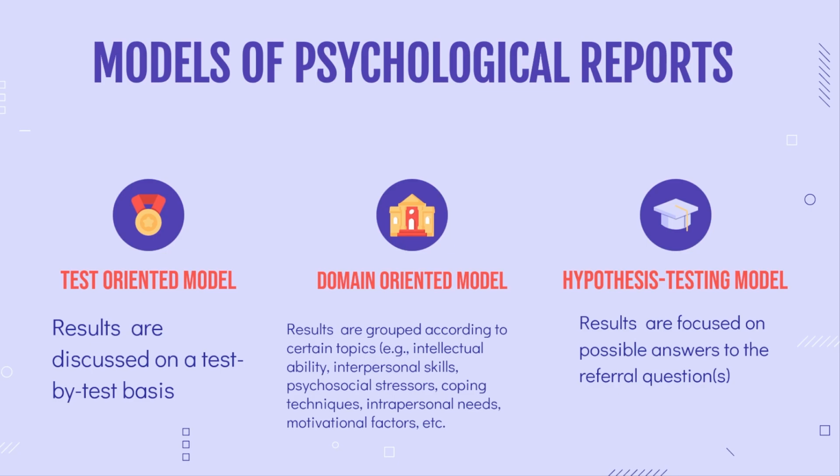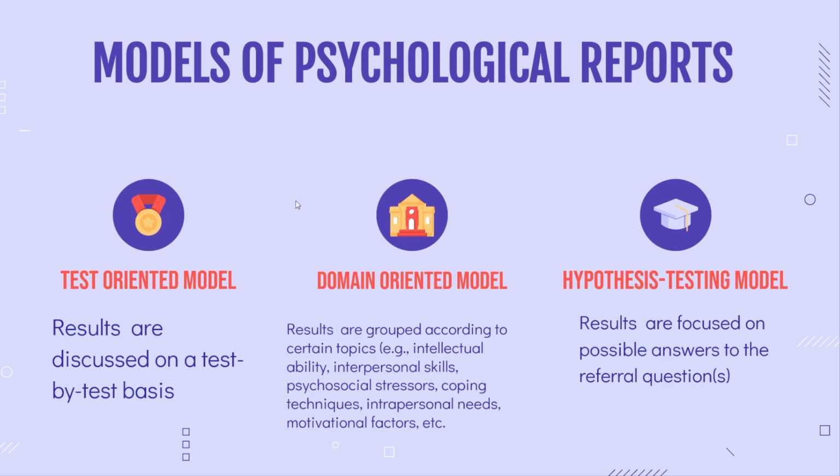Next is the hypothesis testing model, where results are focused on the possible answers to the referral question. In this model, the primary purpose is, of course, to answer the referral question. So the test results are integrated, and we look into the specific areas in the psych assessment report that would answer the referral question.